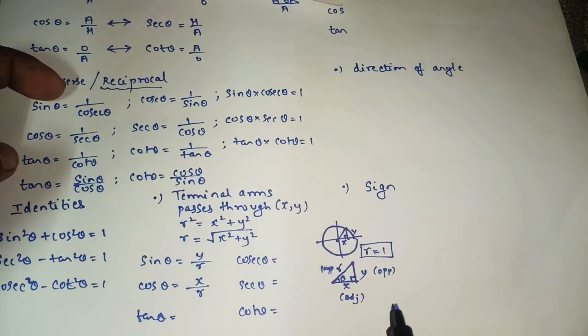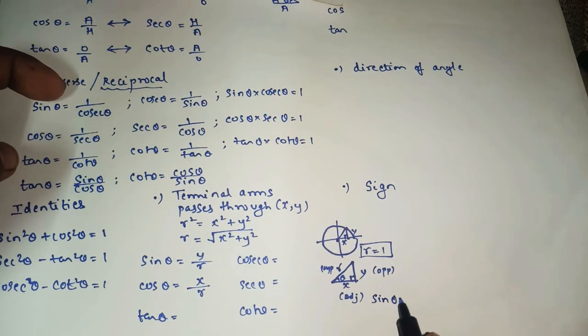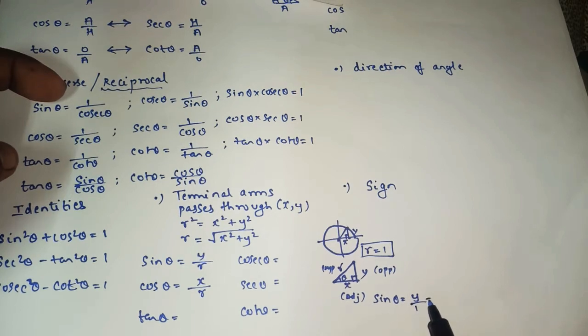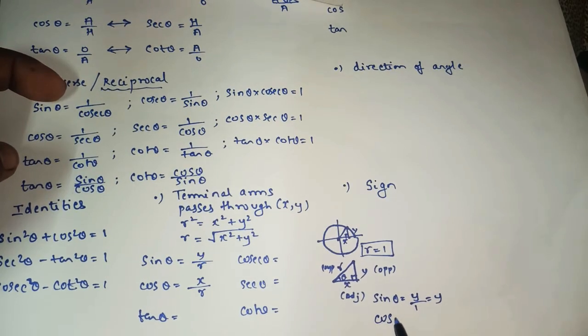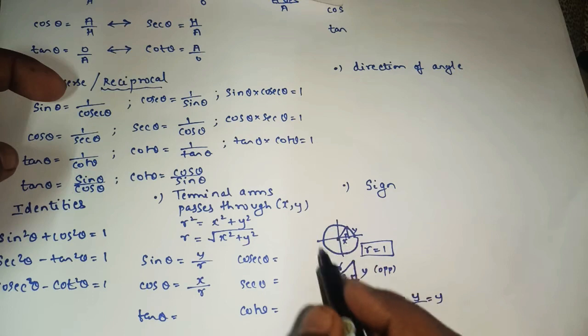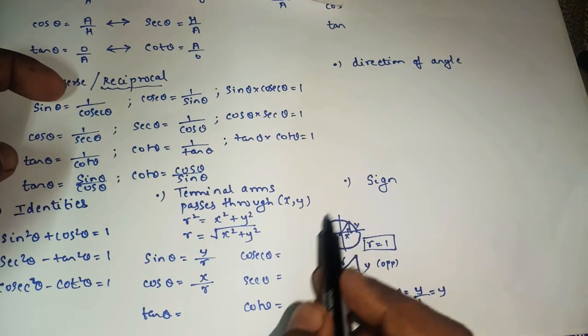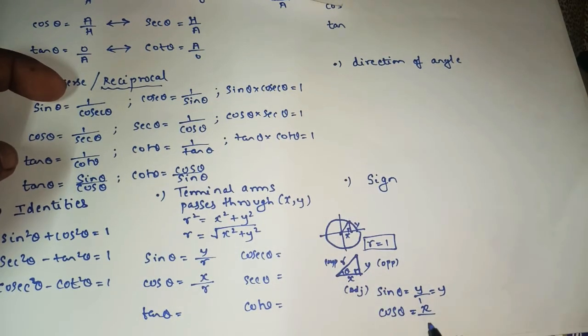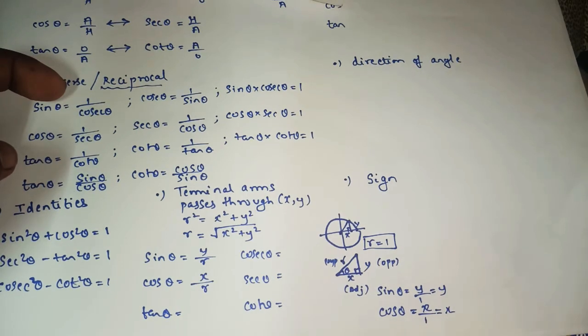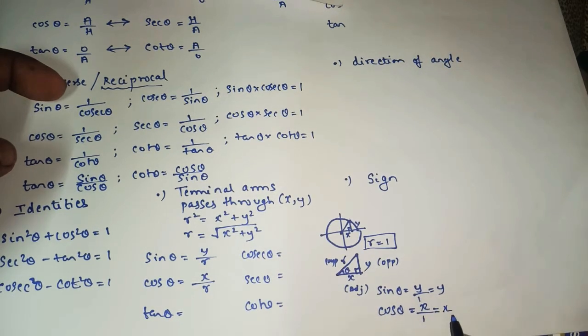Then sin theta equals y upon 1, so it will be y, and cos theta equals x upon 1, which is x. In short, we come to the conclusion that sin theta equals y and cos theta equals x.